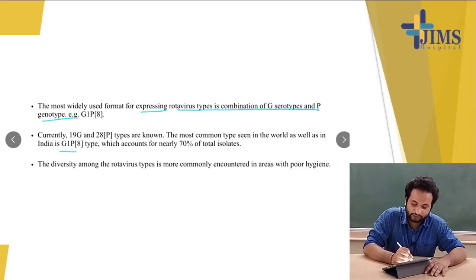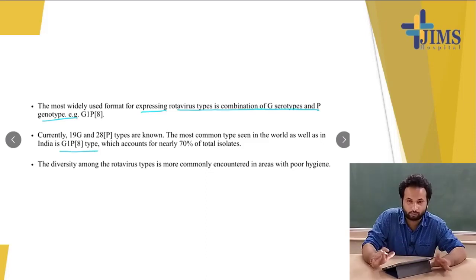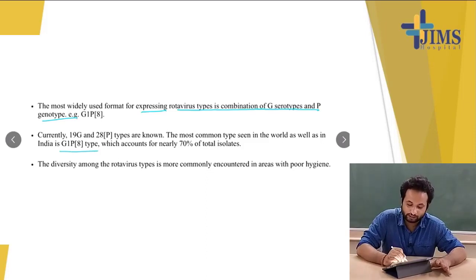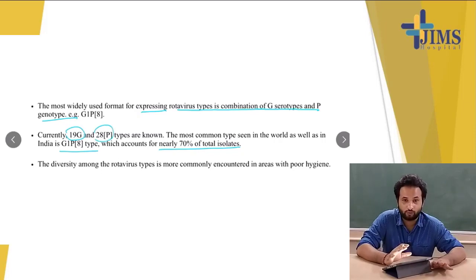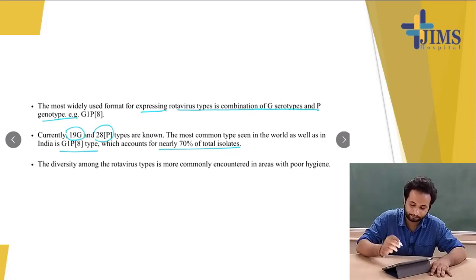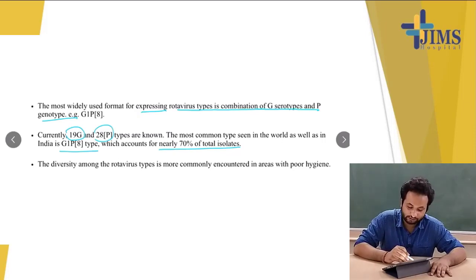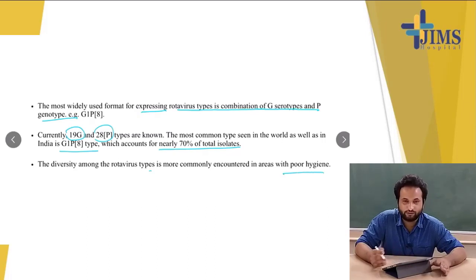This G1P[8] is the most common type seen, and nearly 70% of the total isolates of rotavirus are G1P[8] type. Currently 19 G and 28 P types are known. Whenever you are expressing a rotavirus type, the combination of the two must be there. The diversity among rotavirus types is more commonly encountered in areas with poor hygiene.